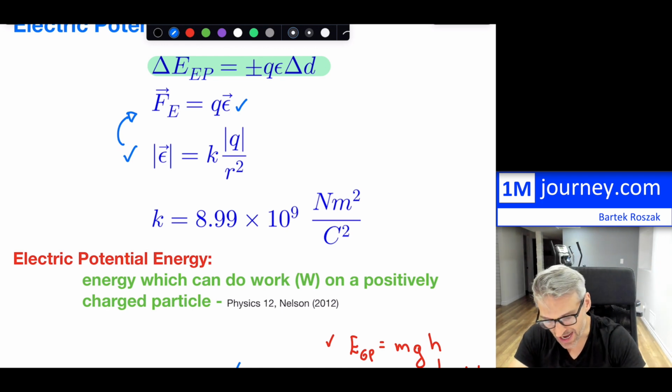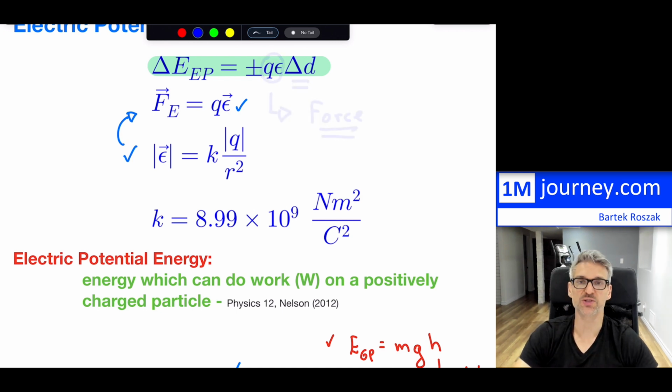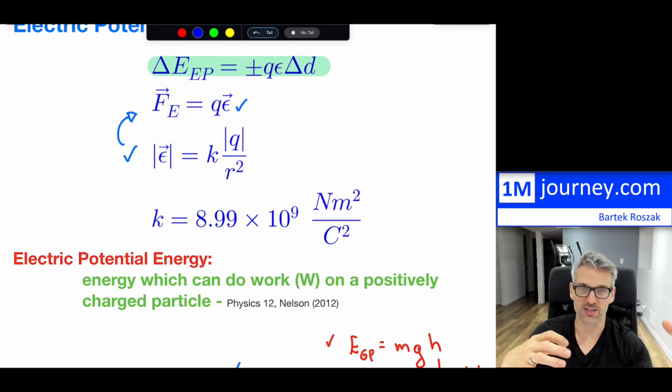And you can see that this is exactly what shows up over here, because this is nothing else but simply the actual force. So this is the force multiplied by the displacement, which is the work which is done on the object, or which is taken away from the object. So we know that work is the force times the displacement.